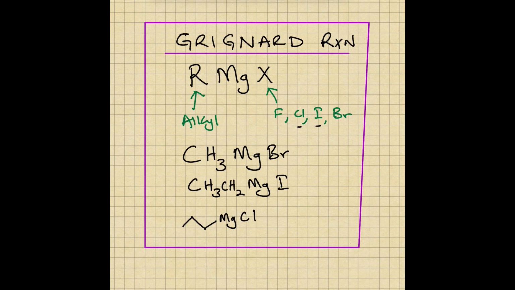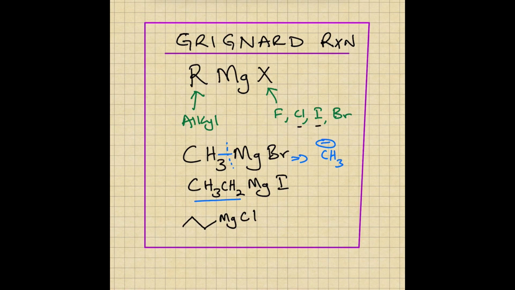What's really important with Grignard reagents is that they give a very good nucleophile, where you cleave the carbon magnesium bond, and therefore you end up generating a CH3 minus nucleophile. So very good nucleophile. Same thing with ethyl magnesium iodide.